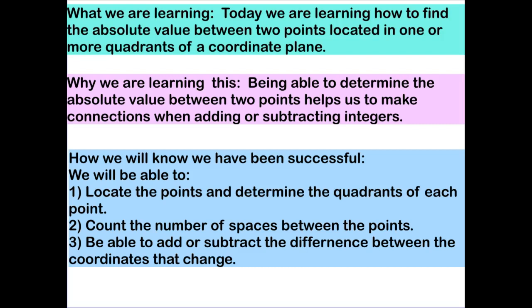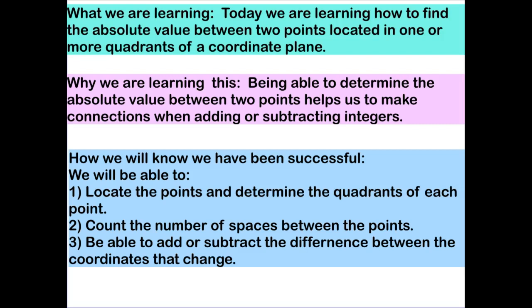Well, you already know that absolute value is distance from 0 on a number line. So we're going to use what you know about absolute value to determine the distance between two coordinate points. Why we are learning this? Well, being able to determine the absolute value between 2 points helps us to make connections when adding or subtracting integers.